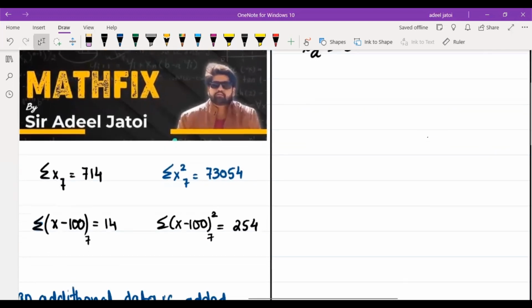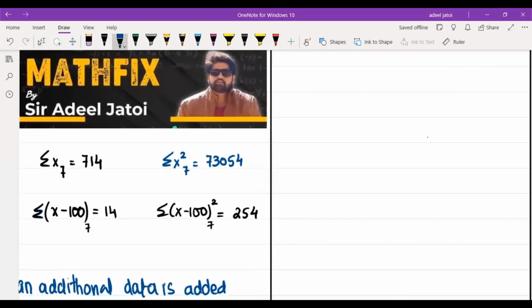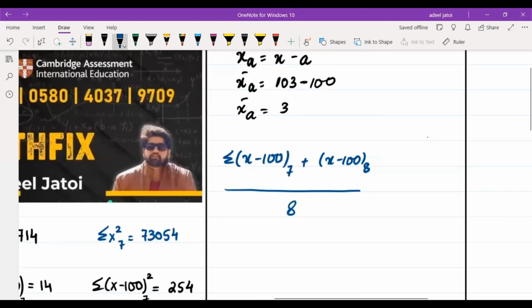So if I want to calculate through the normal data, what do I do? Summation of x minus 100, for 7 data plus x minus 100 for the 8th, divided by 8. But how do we find out x minus 100 for the 8th? We need to do 110 minus 100.